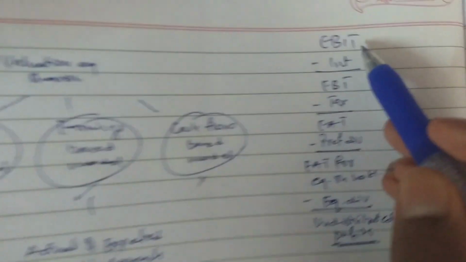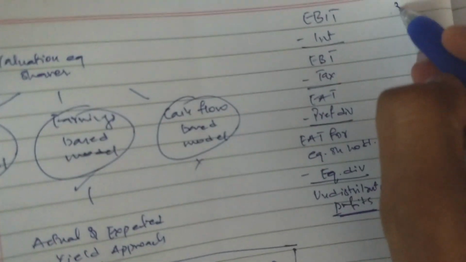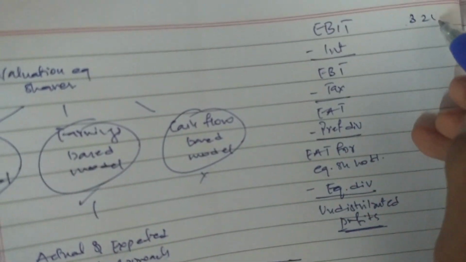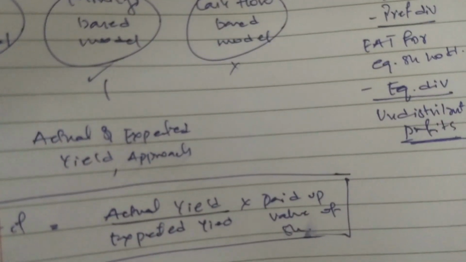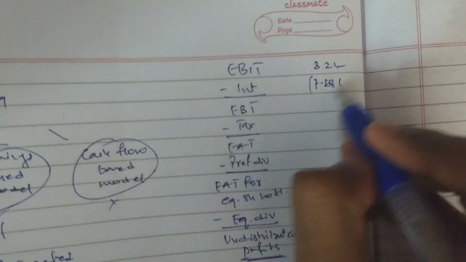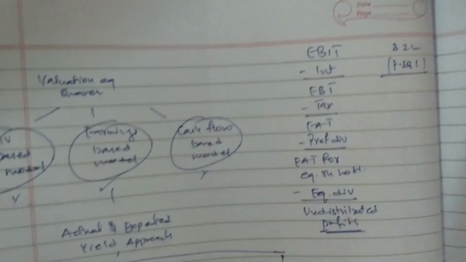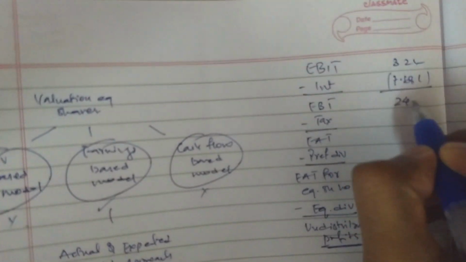Now EBIT is directly given in the question, which is 32 lakhs. Interest is 12% of debentures, which is on 64, so 64 into 12% is 7.68 lakhs. 32 minus 7.68 gives you 24.32.